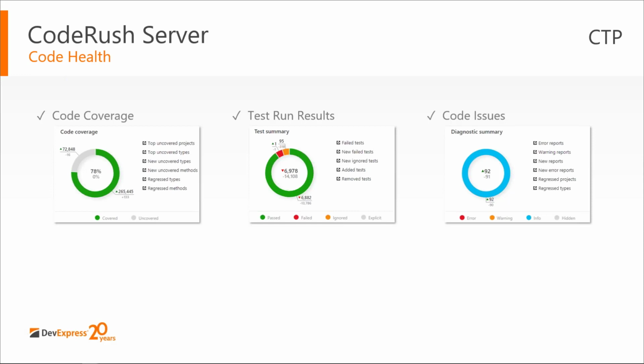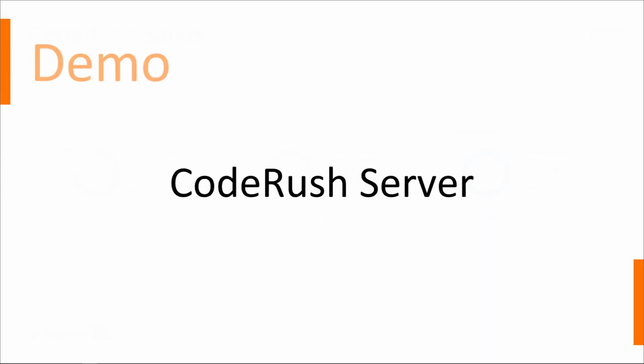We don't have the kind of overview charts, and we don't have the ability to compare against previous builds, compare two builds together, that sort of thing, like we're offering on Coderush Server. So it's a little bit more visual and a little more explorative, and also spans a larger group of time. So with that, let me just get right into it.